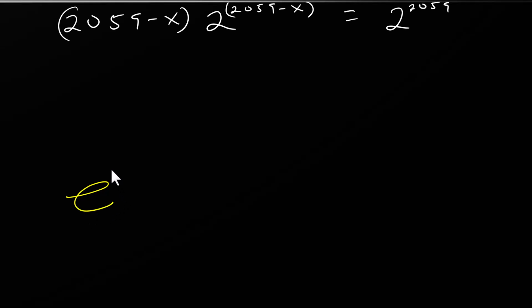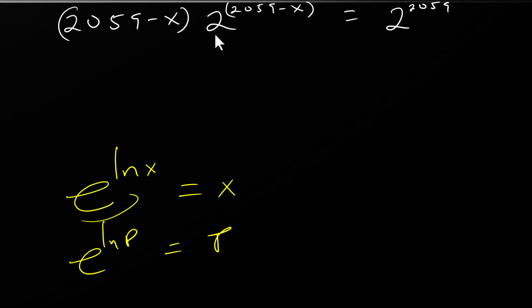Okay, now before we can introduce the Lambert W function, let's understand this. Now when you have e raised to ln of x, the answer is x. e raised to ln of p, the answer is p. Before we can introduce this, we need to support this. So what we are going to do is to write this one as 2059 minus x.